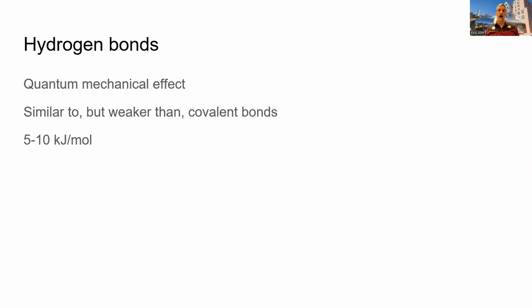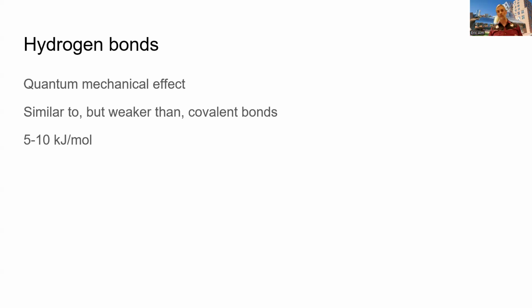And so hydrogen bonds, we sometimes approximate them by thinking there's a partial electrostatic charge, positive on one atom and a partial negative on the other. But they're actually quite strong, and it's really a quantum mechanical effect. And so for hydrogen bonds, we tend to evaluate those really empirically based on the statistics of how often we see those types of bonds in different protein structures.